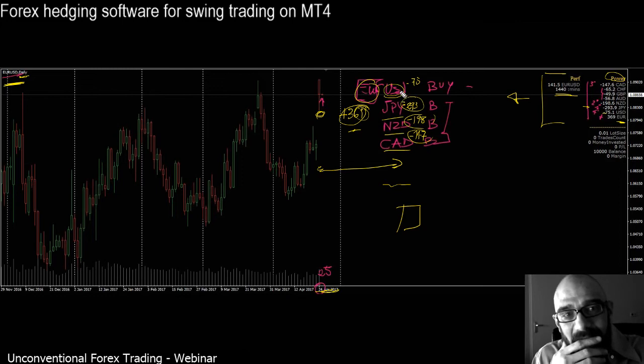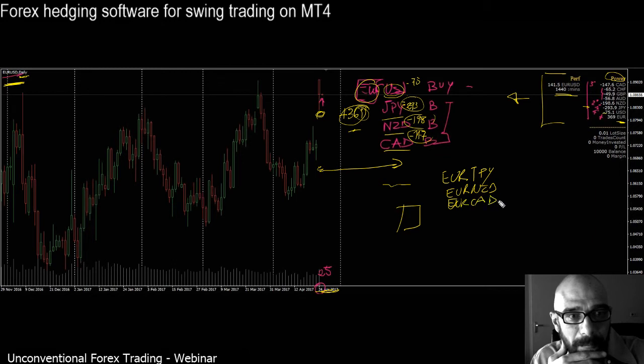Let's say that I generate, of course, this position, so euro yen, Japanese yen, euro New Zealand dollar, and euro CAD, sorry, with a buy position.